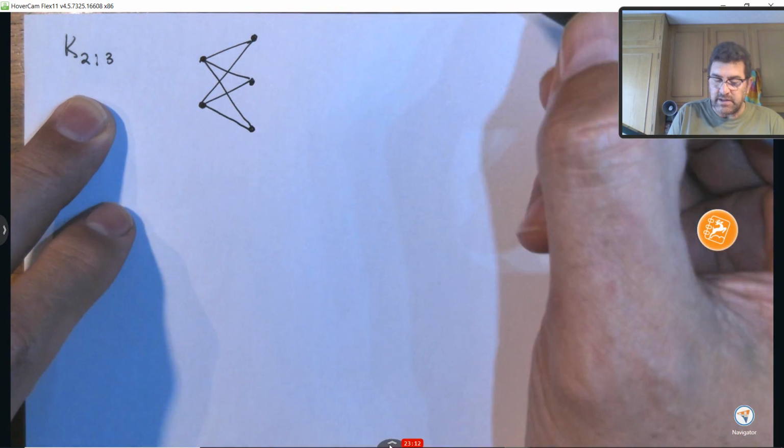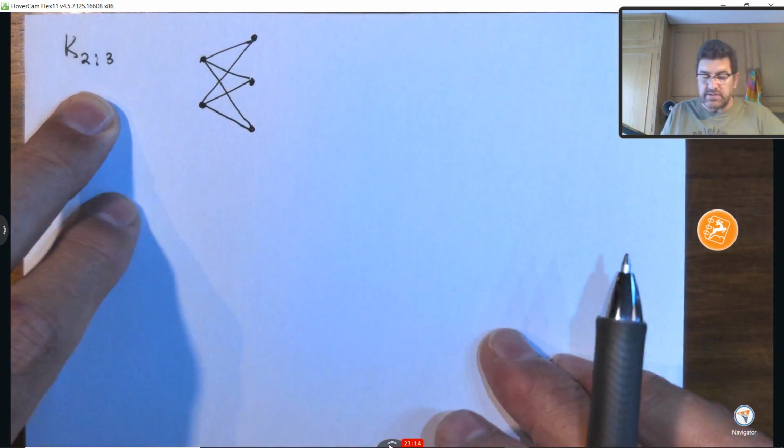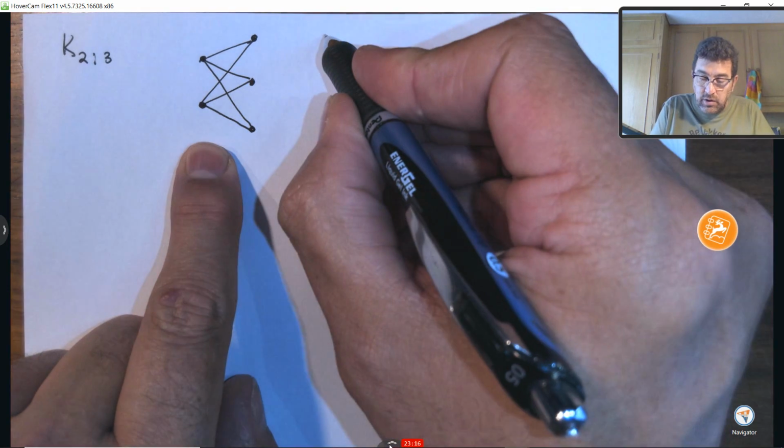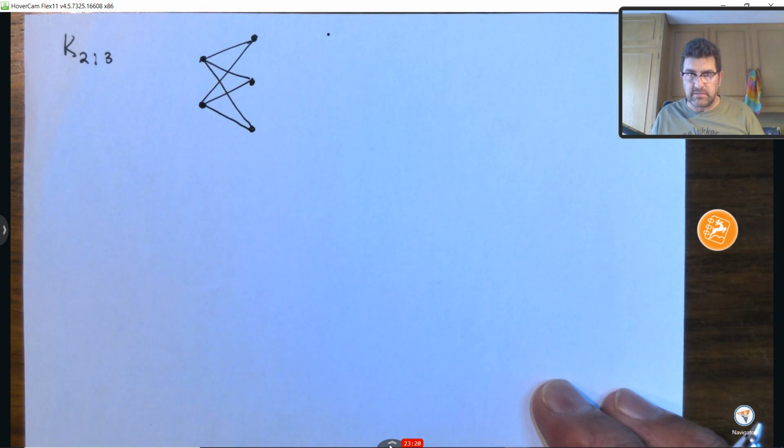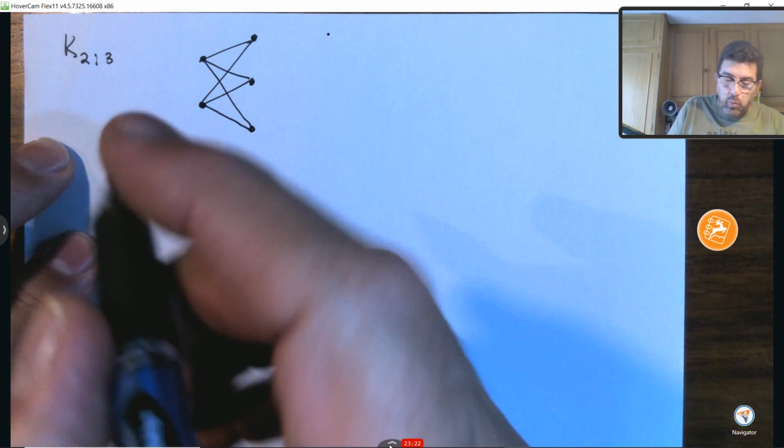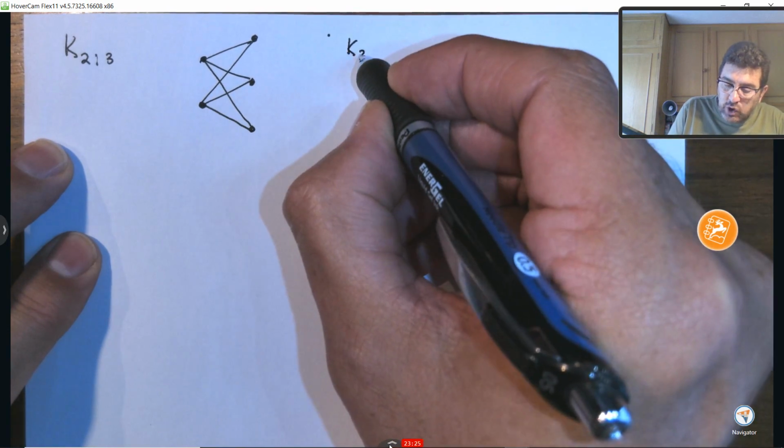Okay, so there's 3, there's 3. Okay, folks, so this is definitely complete bipartite, 6 edges. Now I want to know, what does the complement of that look like?